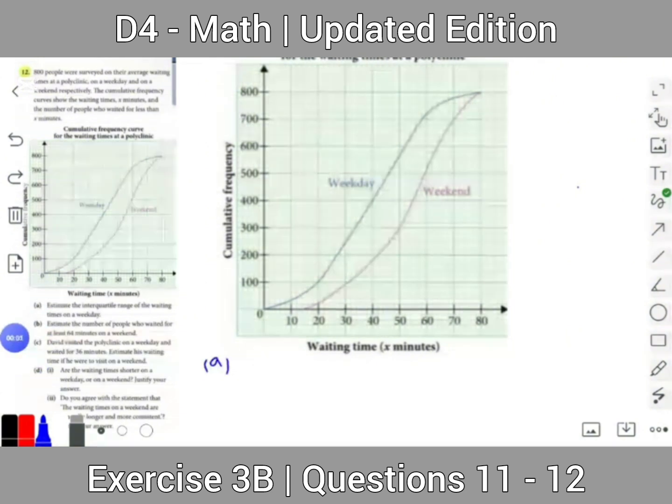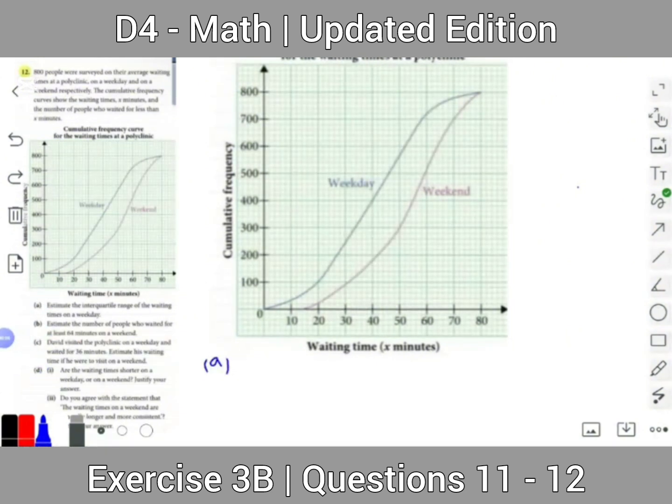Now in part A, we have to estimate the interquartile range of the waiting time on a weekday. So first we have to find the lower quartile and the upper quartile from the cumulative frequency curve for the weekday.